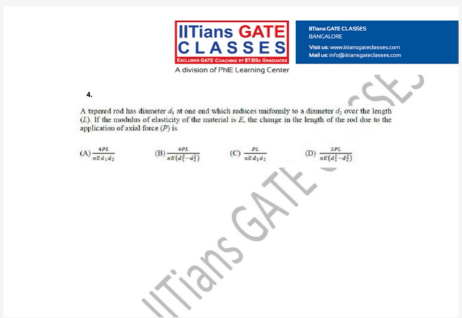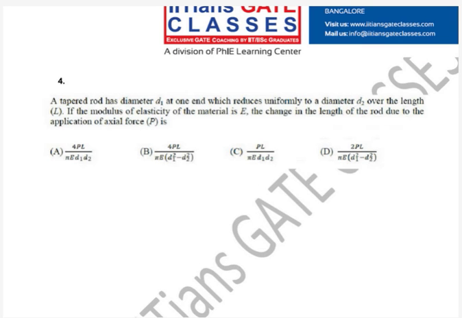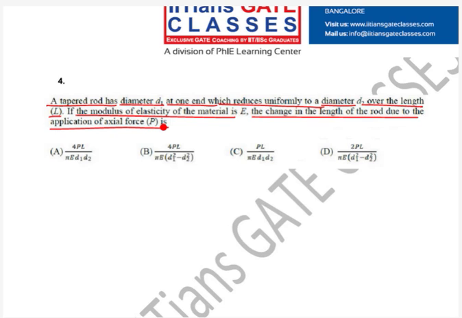This is a good question. Try to solve this question, guys. In this question they say a tapered rod has diameter d1 at one end, which reduces uniformly to a diameter d2 over the length L. If the modulus of elasticity of the material is E, what is the change in length of the rod due to application of load P?